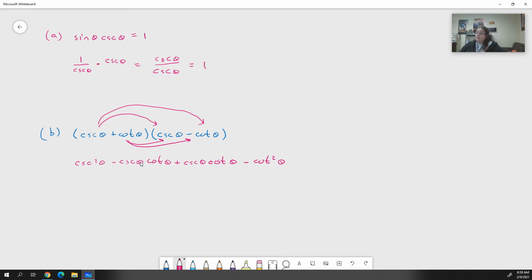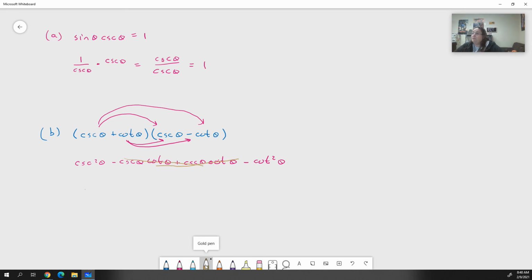And if you look at this, this is a difference of squares. And this is the minus version of this, so they would just cancel each other out, right? Cosecant minus cosecant theta cotangent theta plus cosecant theta cotangent theta is just 0.